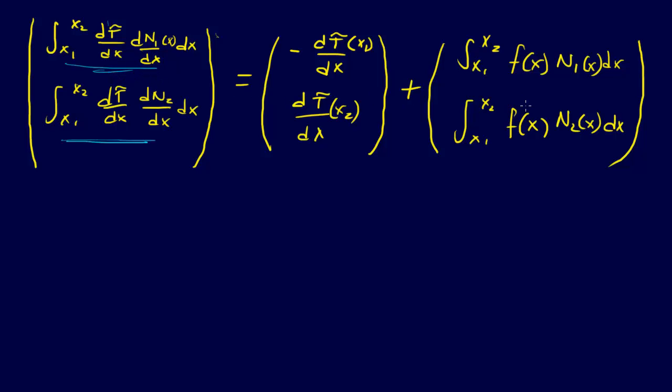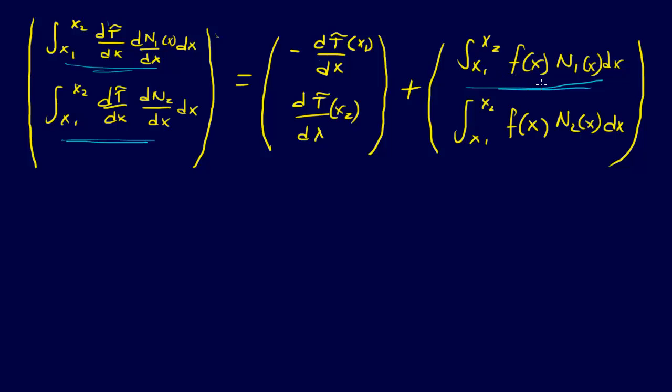The other thing you can notice is this is going to be really easy to integrate, and this is really easy to take the derivative of because it was just a straight line. So the derivative of that's easy. That'll just be n1, but written out in terms of x.